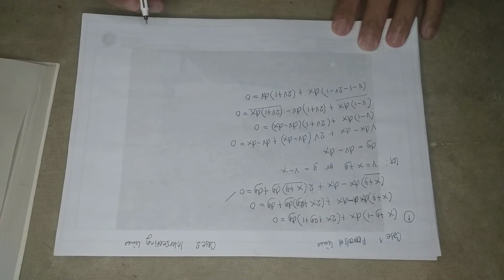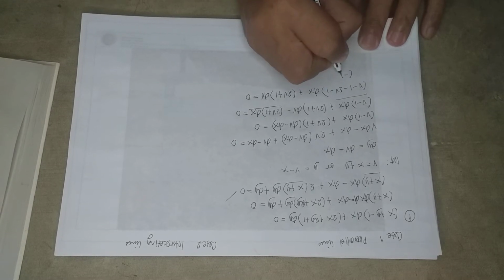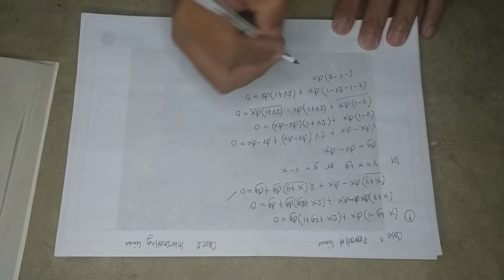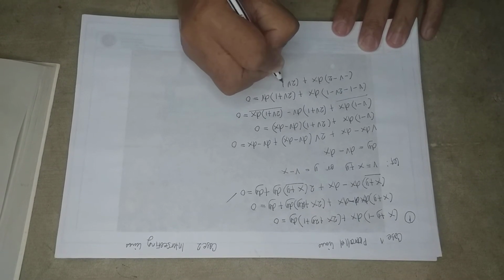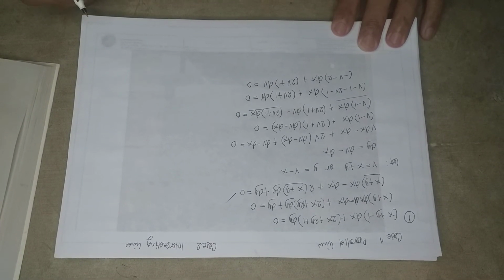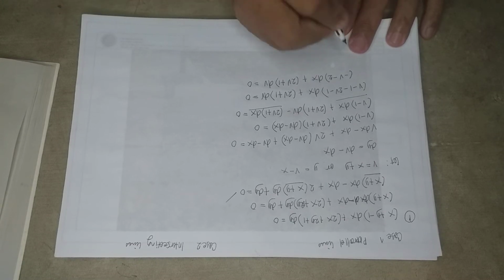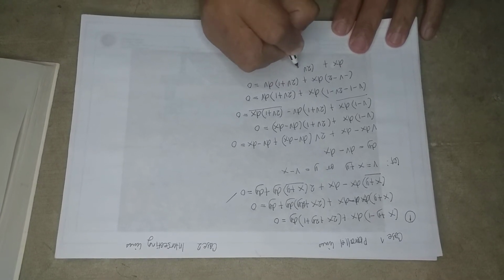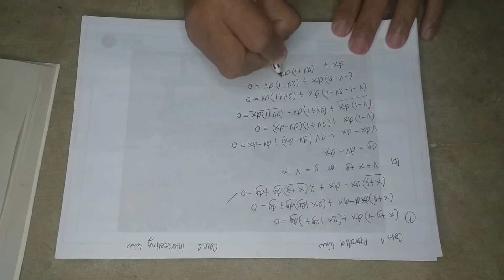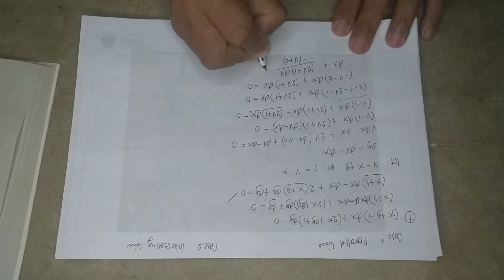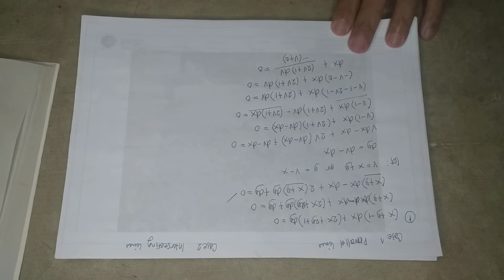Or we have (-v - 2) dx + (2v + 1) dv = 0. Dividing everything by (-v - 2), we have dx + (2v + 1) dv over (-v - 2) = 0.